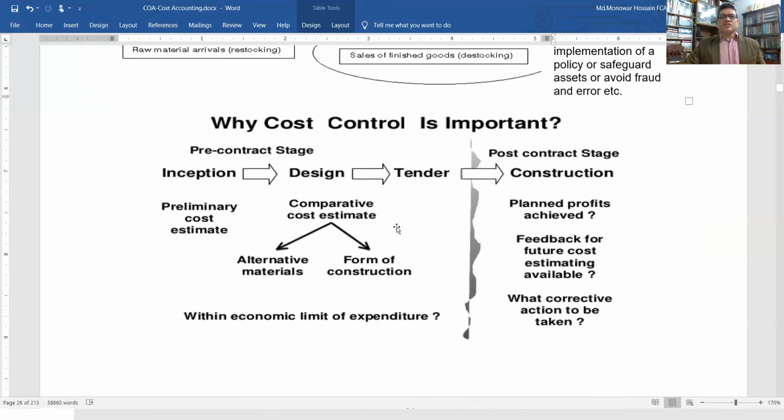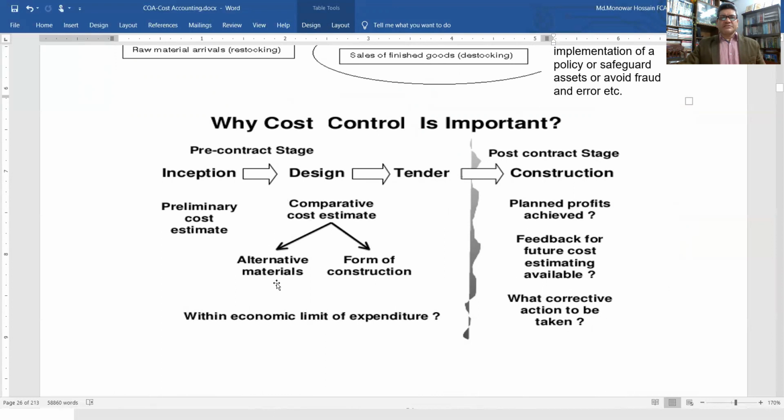So why is cost control important? We know cost control is important because of the pre-control stage and post-cost control stage for material. Pre-control: inspection, design and tender. Inspection, preliminary cost estimate. Design, comparative cost estimate.